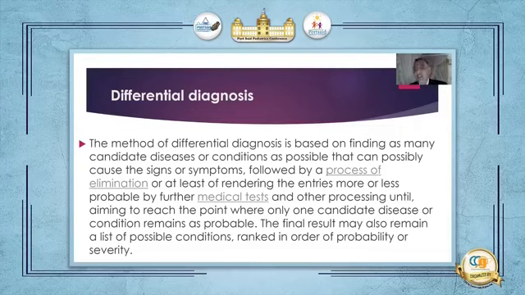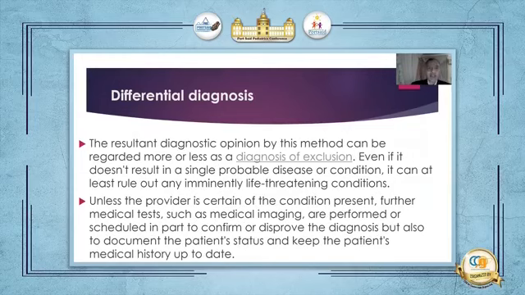The final result may also remain a list of possible conditions ranked in order of probability or severity. The resultant diagnostic opinion by this method can be regarded more or less as a diagnosis of exclusion.